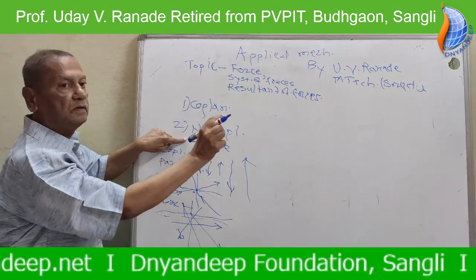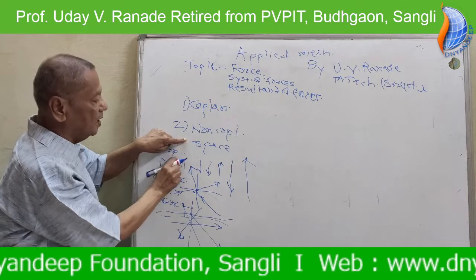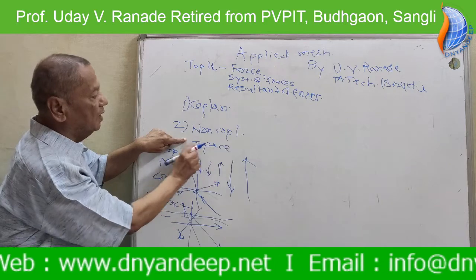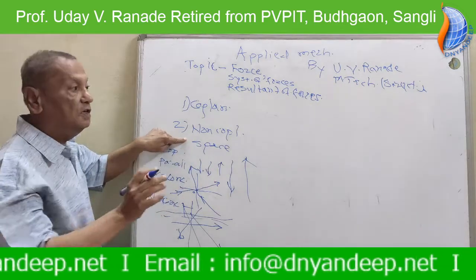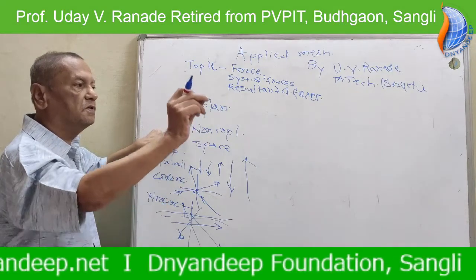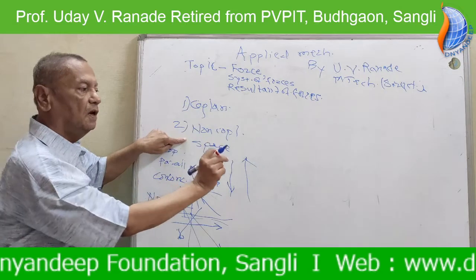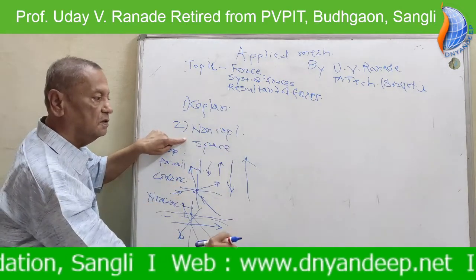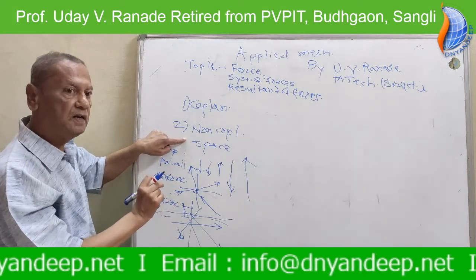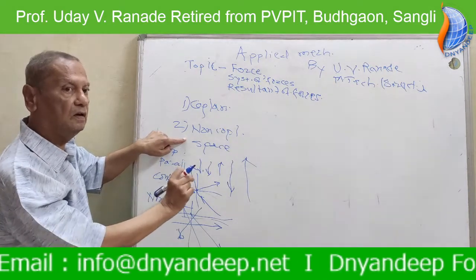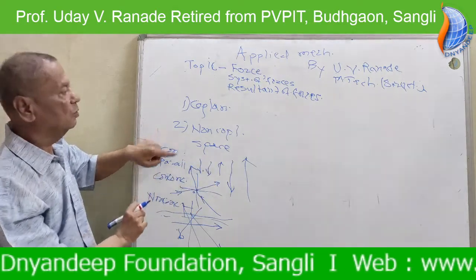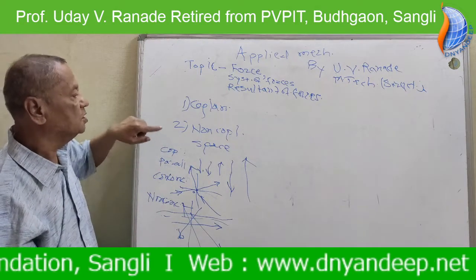One force is like this, one force is like this, one force is again not like this but somewhere here. In space, if you consider one point, one force like this, one force like this, one force like this, one force like this. Again, these forces also may not necessarily be acting towards point. Some can be towards point, some can be away from point. So these are non-coplanar or space forces.